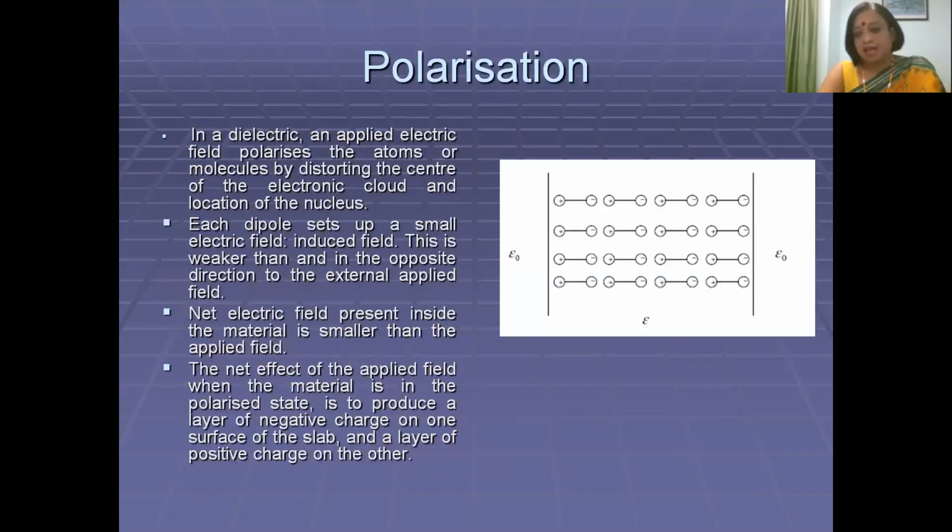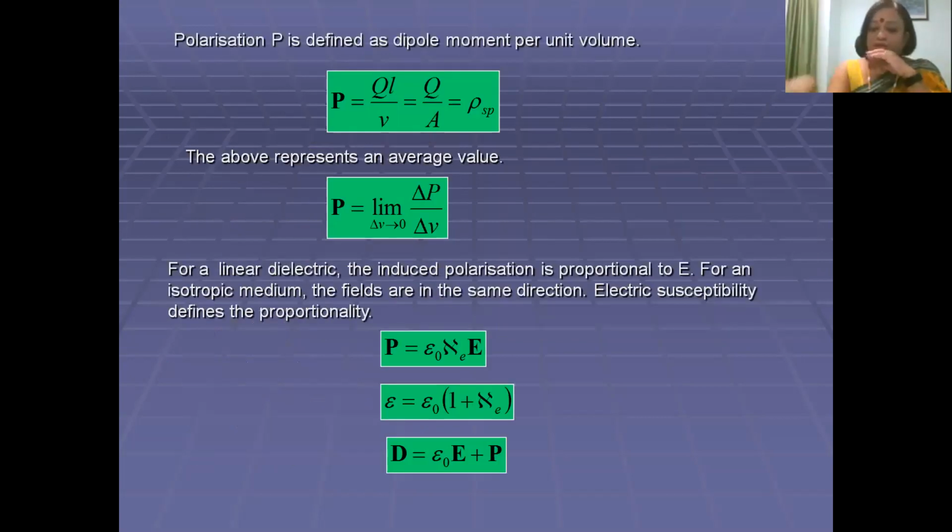We have discussed that earlier in 634. We have various kinds of polarization mechanisms. We have atomic dipoles, where you have effective charge separation between the charge center of the nucleus, which is positive, and the charge center of the electronic cloud, which is negative. When you apply an electric field, these charge centers separate out and a dipole is created.